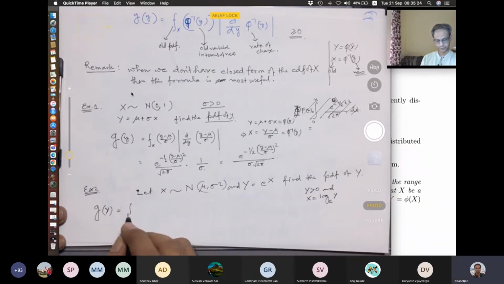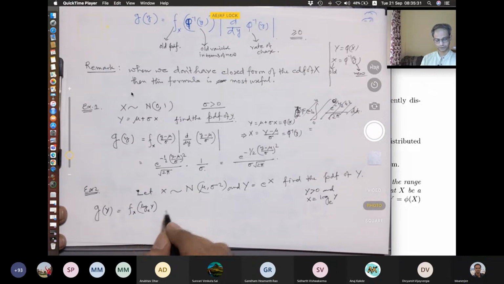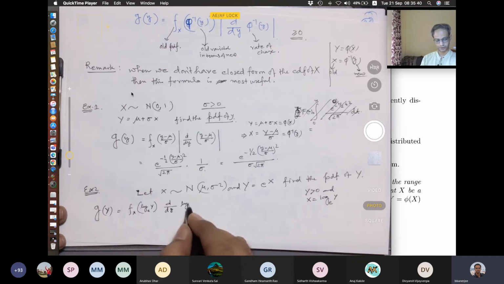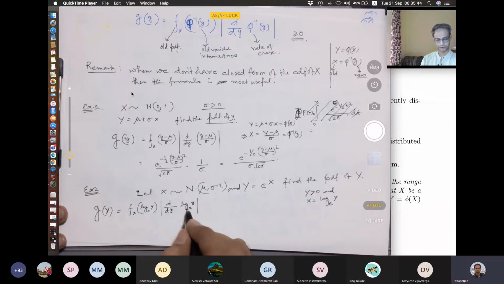It will be f of x of log of y into the derivative dy of log of y, absolute.